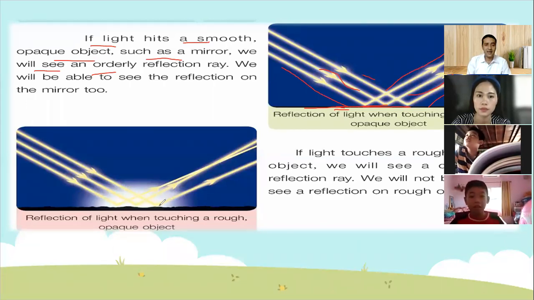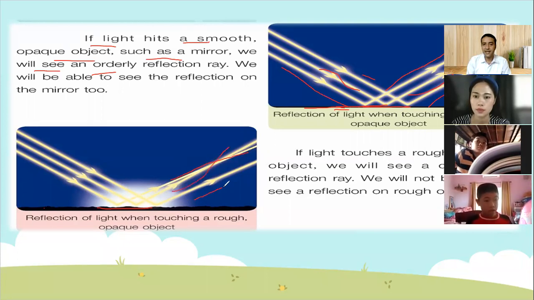But on the other side, you can see the surface is not smooth. The surface is rough. If the light releases from the light source and hits the rough surface, what will happen? We can see the reflection is not in the same manner.